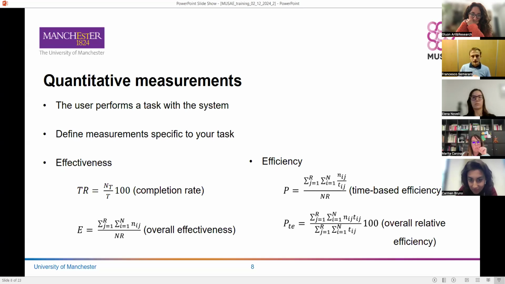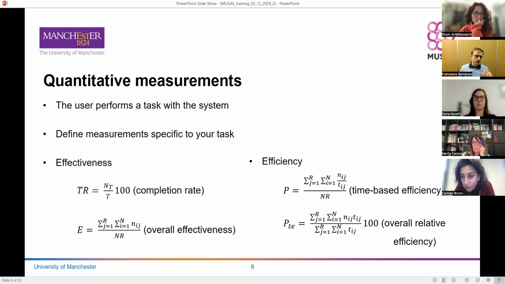Now, these measurements are very specific to your task. So you are the best person to tell which are the parameters, the quantities of interest to your task, whether it's related to time, power consumption, carbon footprint, you name it.